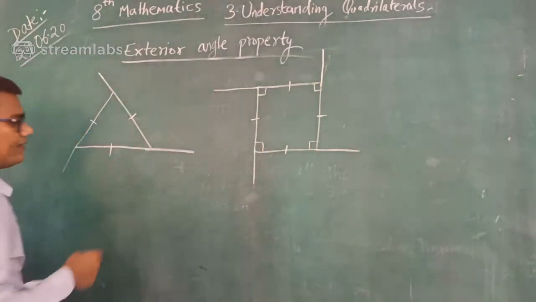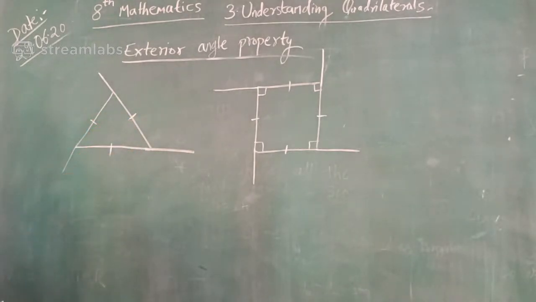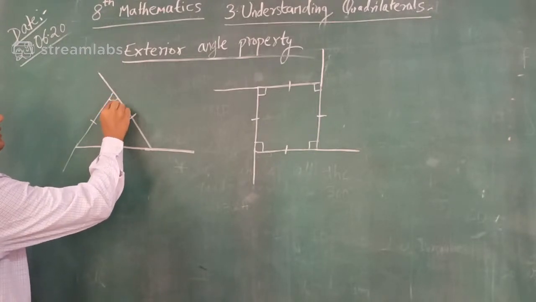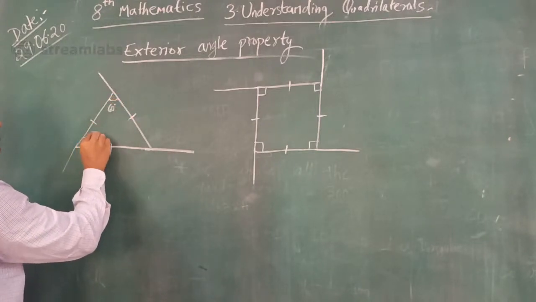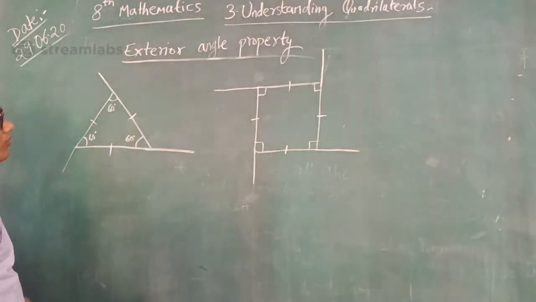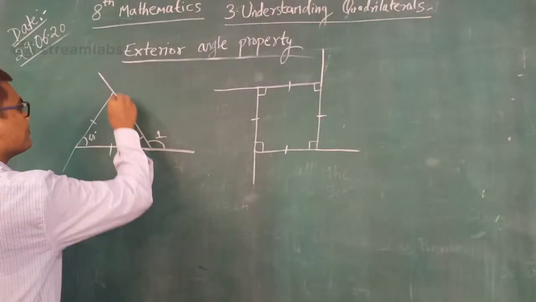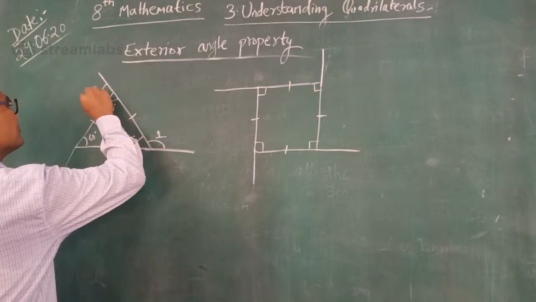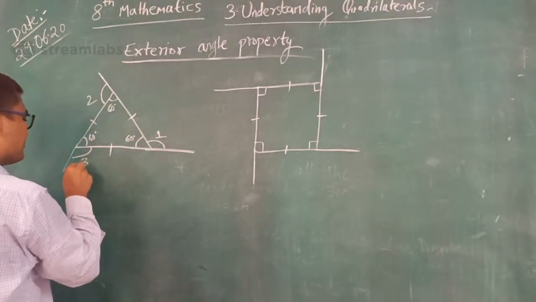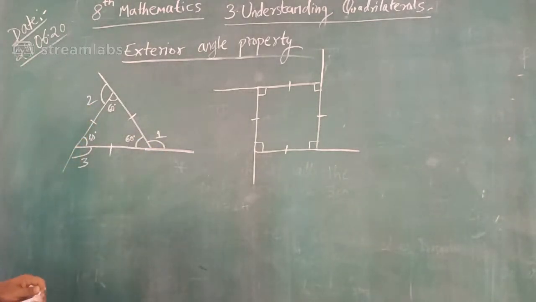So here this is an equilateral triangle because all the sides are equal and all the angles will be equal, that is 60 degrees each. Now what we have to do is find out the sum of angle 1, angle 2 and angle 3.